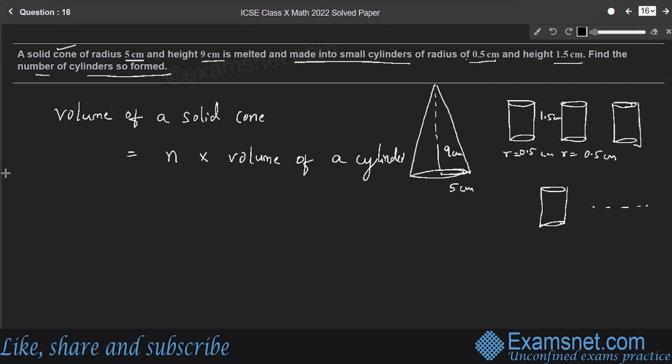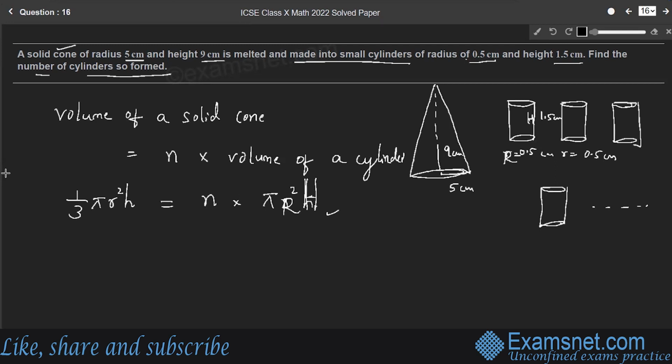So what is the formula for the volume of a cone? 1 by 3 pi r square h, the volume of a cone, is equal to n into pi r square h. To avoid confusion, we'll consider capital R and capital H for the radius and height of the cylinder.